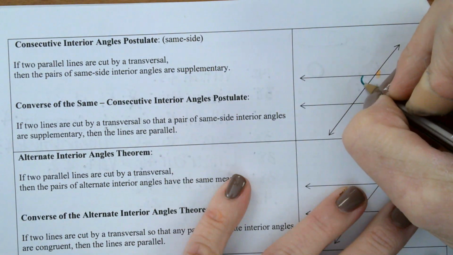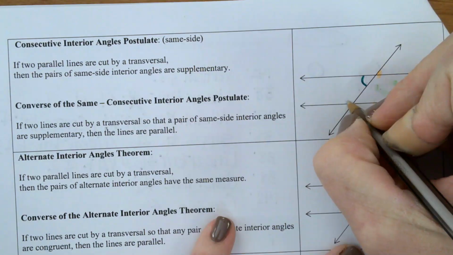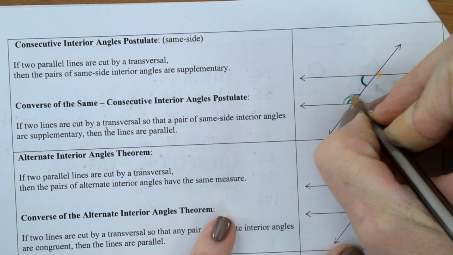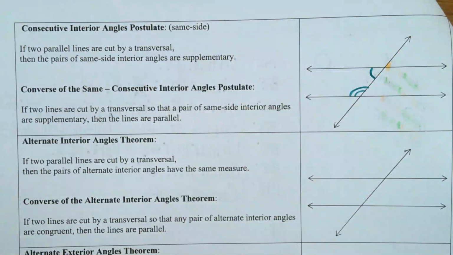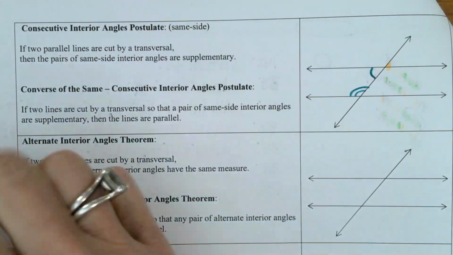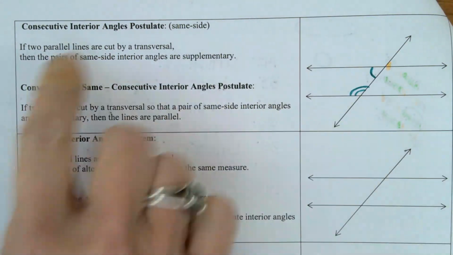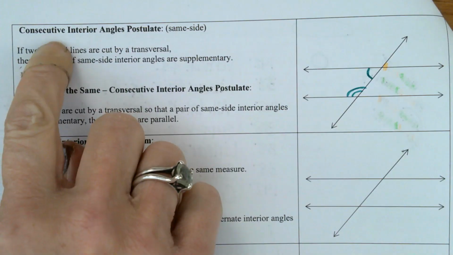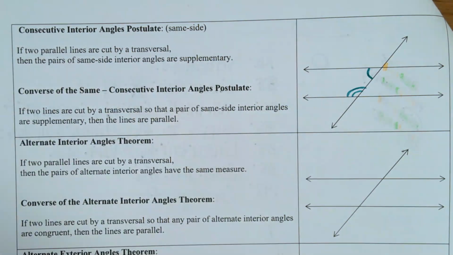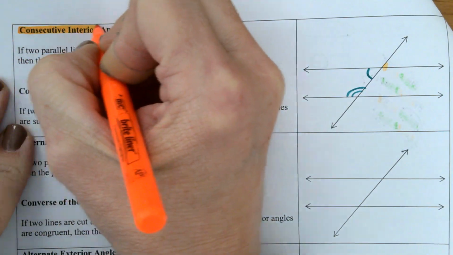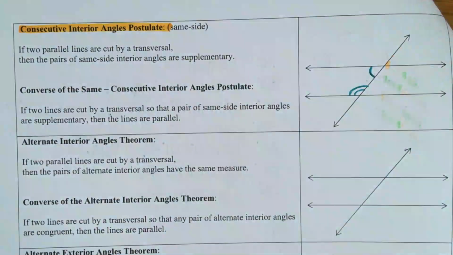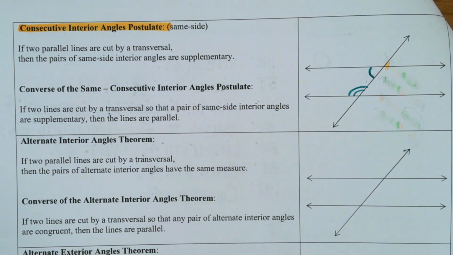Let's do this angle here and that angle there. Okay, I have one arc and two arcs because obviously they're not the same measurement, right? Okay, these are consecutive interior angles postulate. In other words, same side. That right there is actually an answer that you would write on a blank.